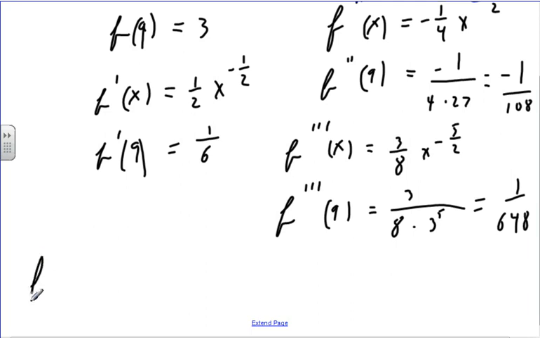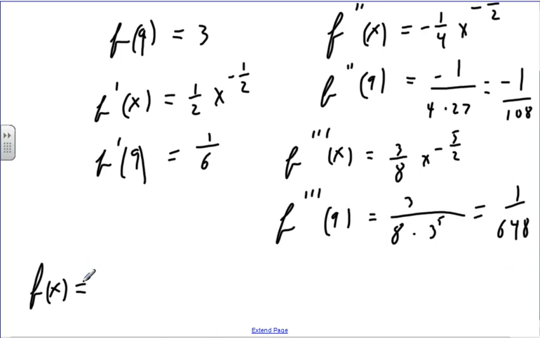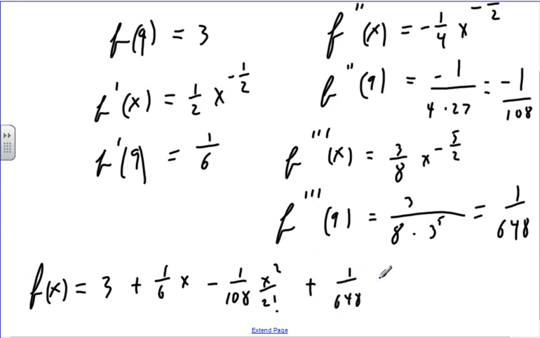So f of x would be 3 plus 1/6 x over 1 factorial minus 1 over 108 x squared over 2 factorial plus 1 over 648 x cubed over 3 factorial.